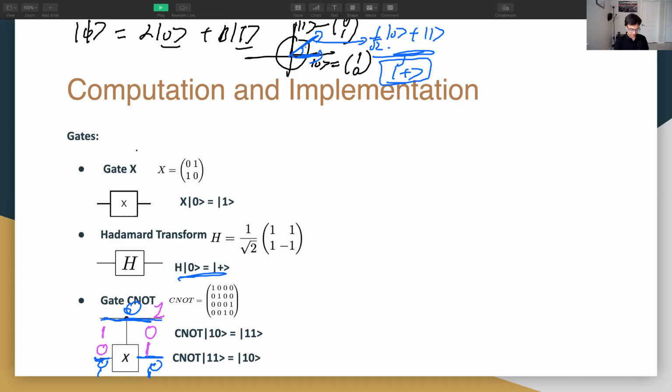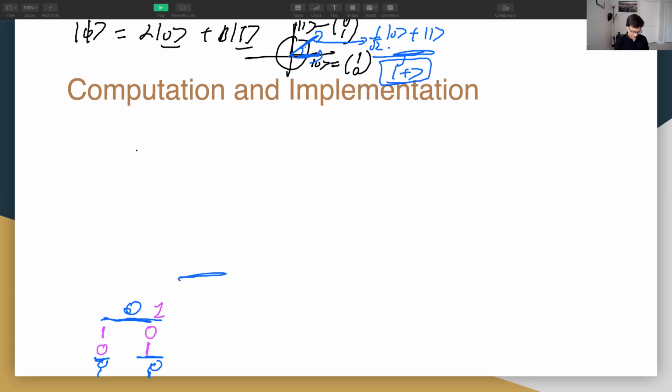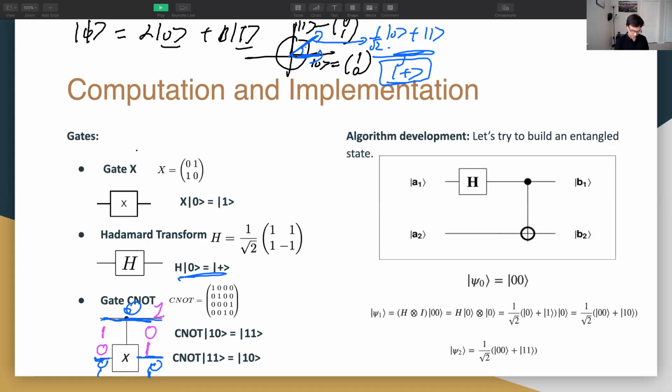Now let's see if I want to develop a simple algorithm. Here we define the circuit so that we can get the favorable outcomes. So let's try to build an entangled state or the Bell state. Sorry for that. We'll try to simulate a Bell state, which is an entangled state. Let's say I have two qubits and I have reset them to 0. I can put a Hadamard transform on the first qubit.